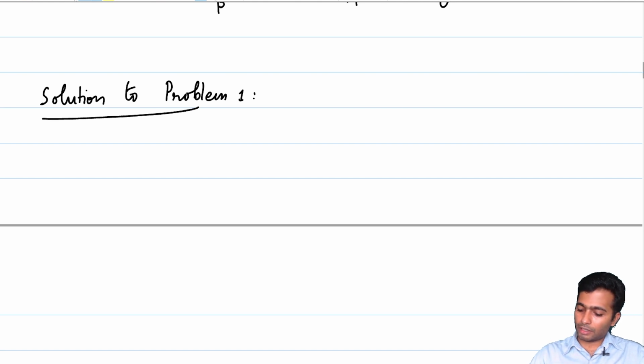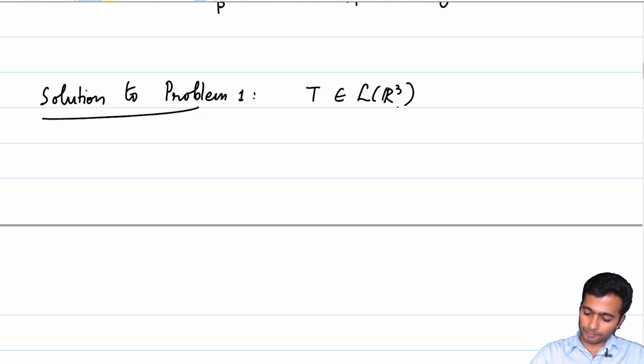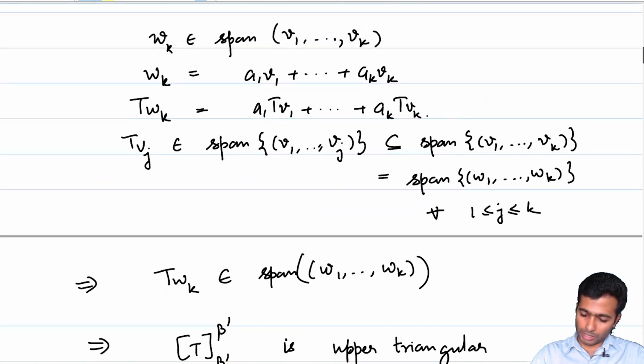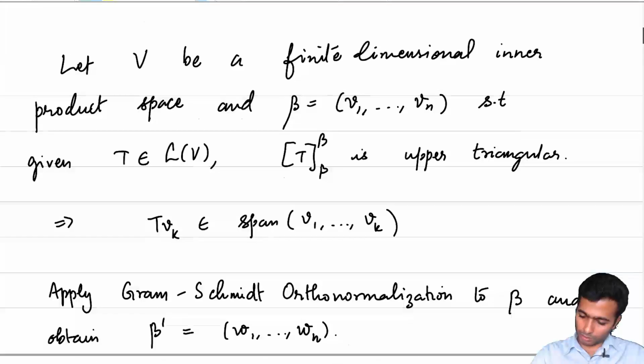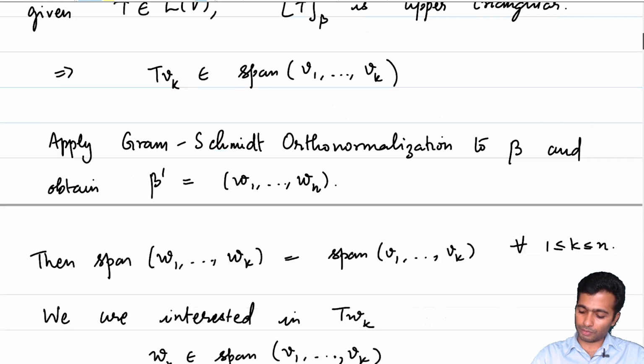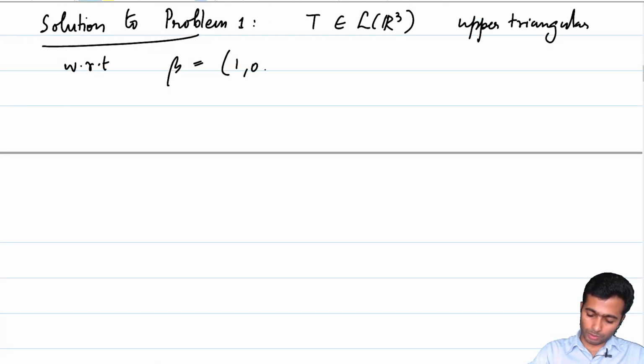So recall that our T belonged to L of R3, upper triangular with respect to beta, which was 1 0 0, 1 1 1 and 1 1 2.